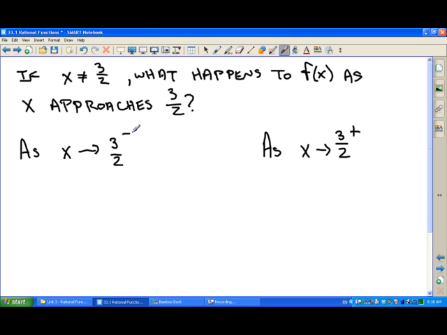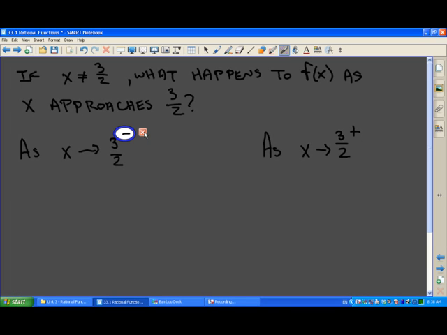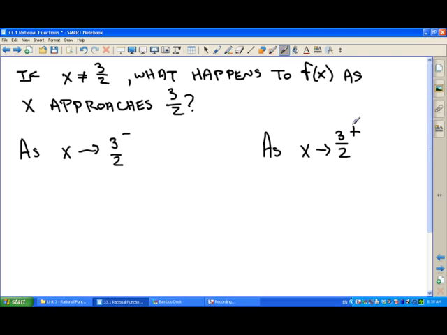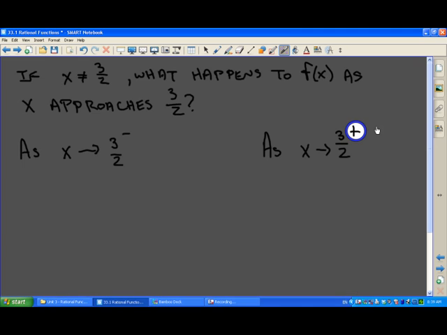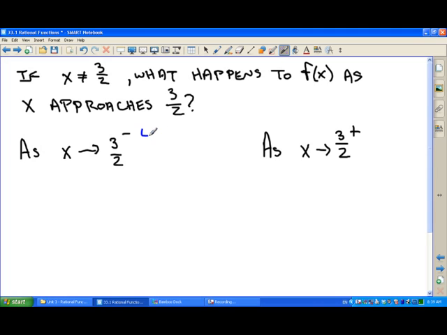Okay, so this is a little notation. That negative sign and that positive sign means something. This means as x approaches 3 halves from the left, and as x approaches 3 halves from the right.